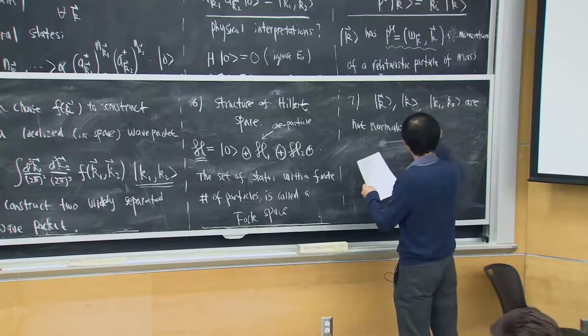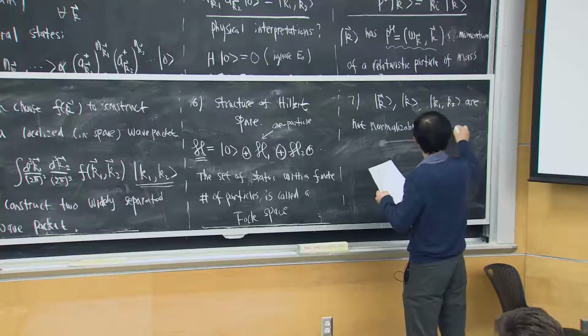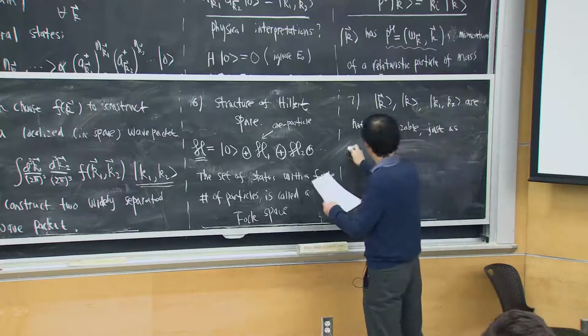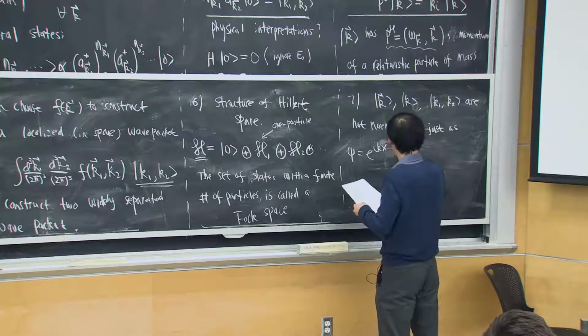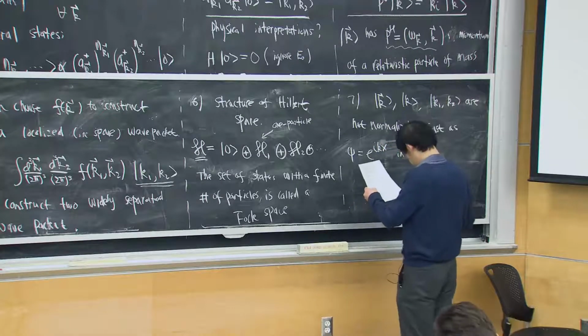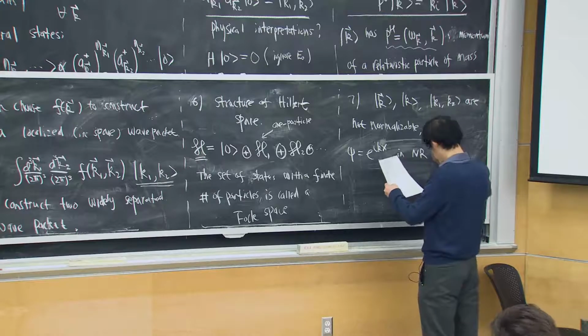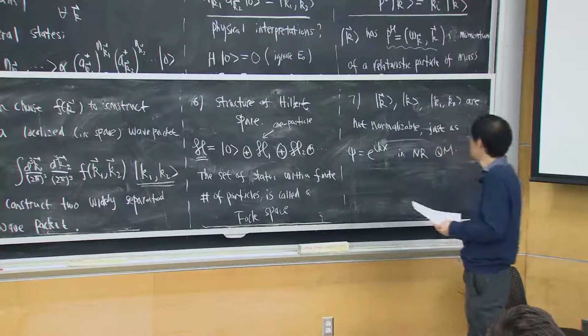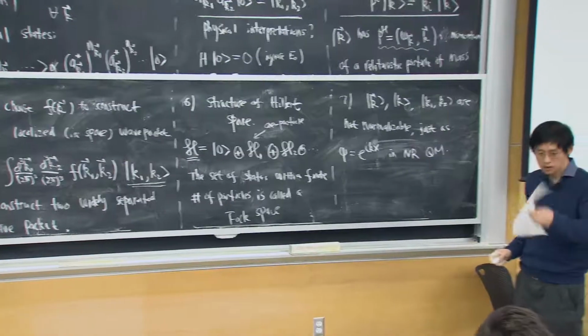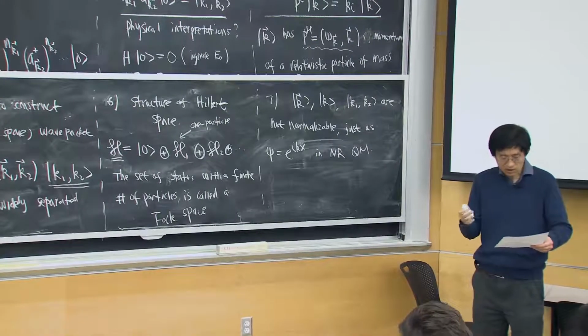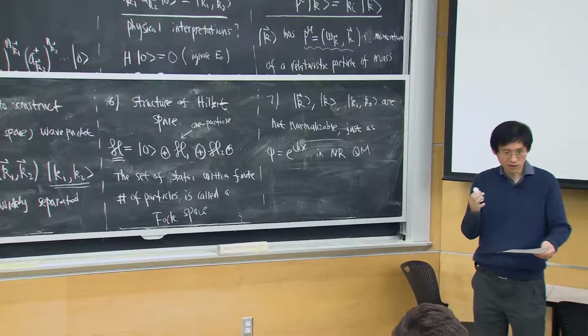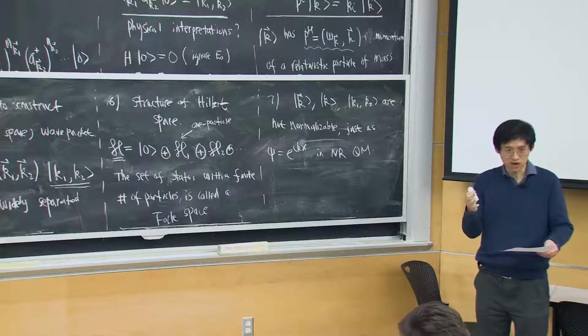Just as psi equal to e^{ikx} in non-relativistic quantum mechanics is not normalizable. So they are convenient for various mathematical operations, but they don't correspond to genuine physical states.